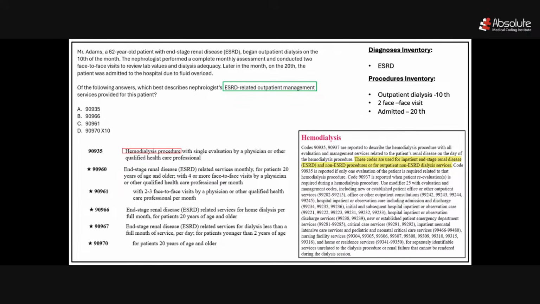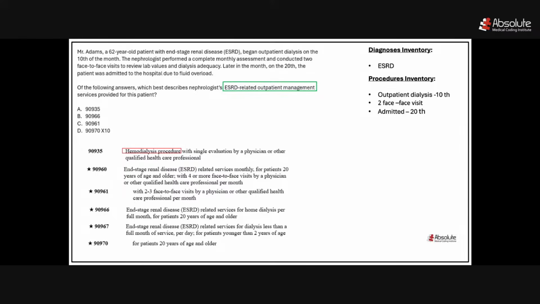And they are not to be used for outpatient ESRD management. So that means option A is incorrect. Option A has to go.